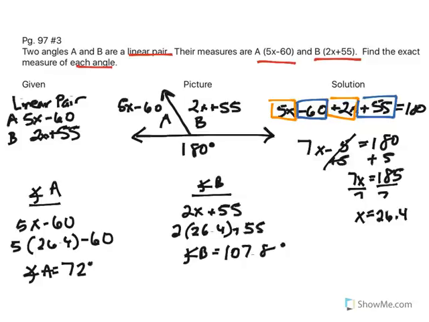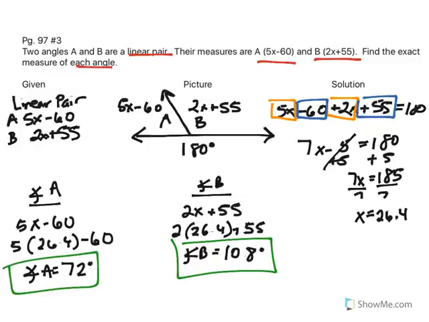Let's round this up to 108 so that when we add them both together, in order to check our work, we could get 180 if we wanted to. And these are the exact measures of each angle.